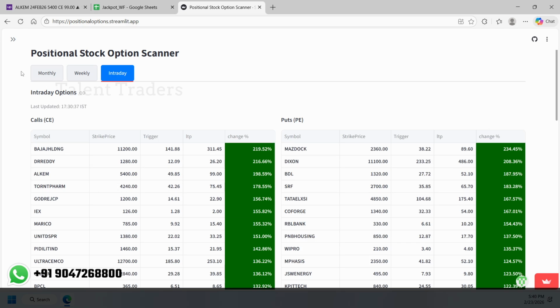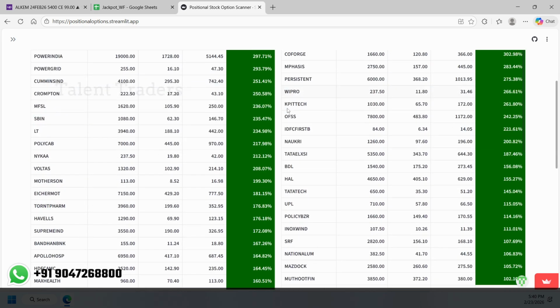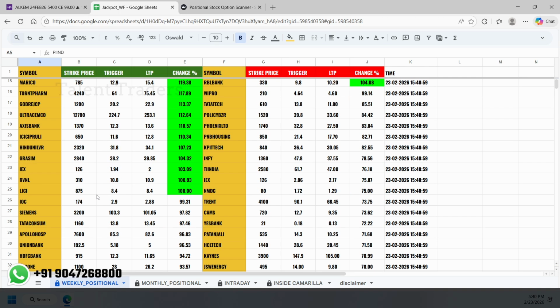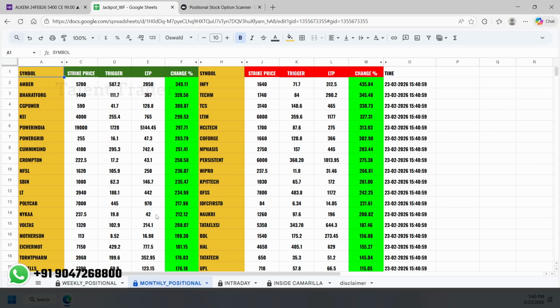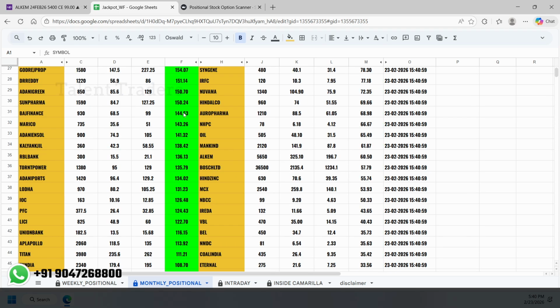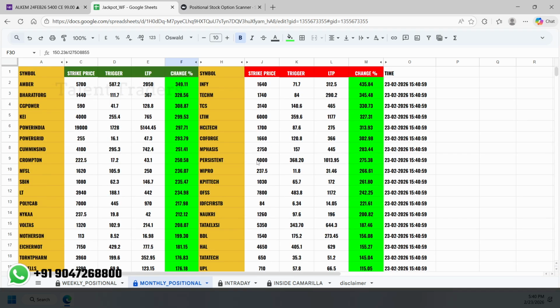The logic is very simple, and this month this many stocks were given. Here we calculate exactly how many stocks triggered: more than 30 stocks moved more than 50%. On the put side, almost 17 moved more than 50%. That means the option premium where we entered is moving more than 50%. Some of the options are more than double.